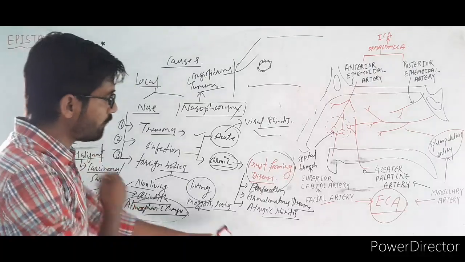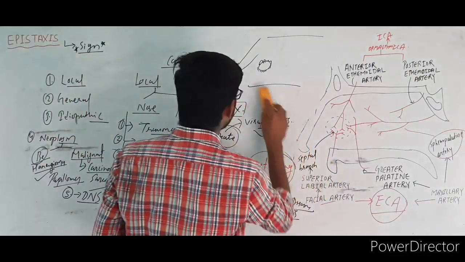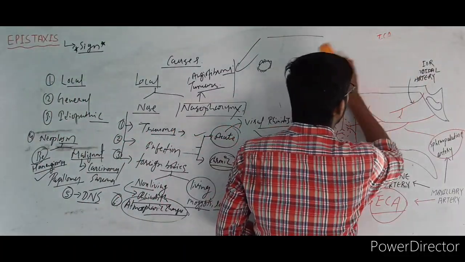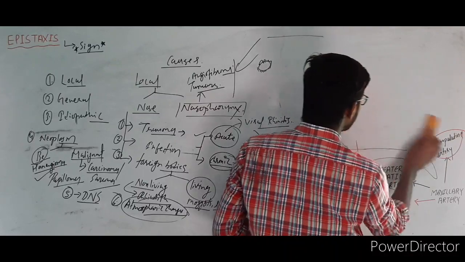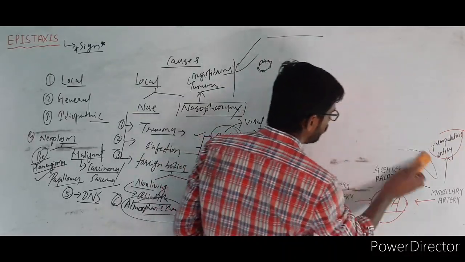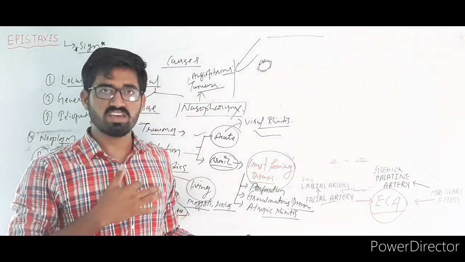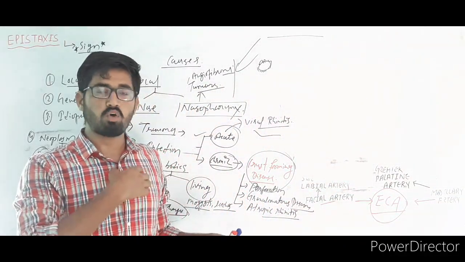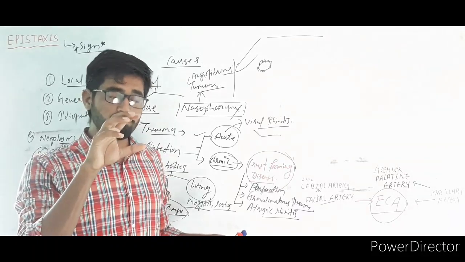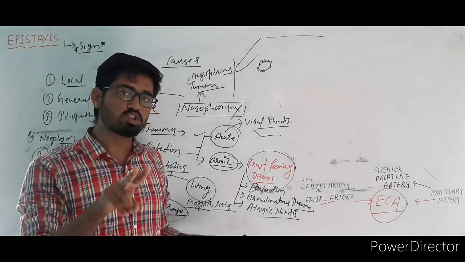Now I want to explain the general causes. In the general causes, you have to go system by system, one by one. First of all, we will talk about the CVS, and after that its branches or blood, so blood or vascular disorders.